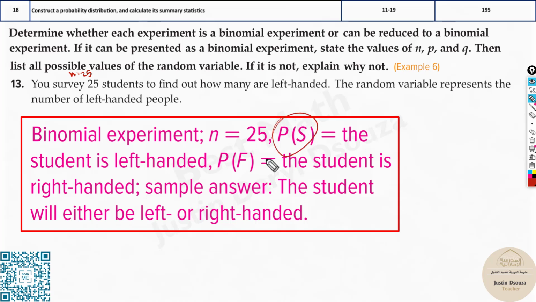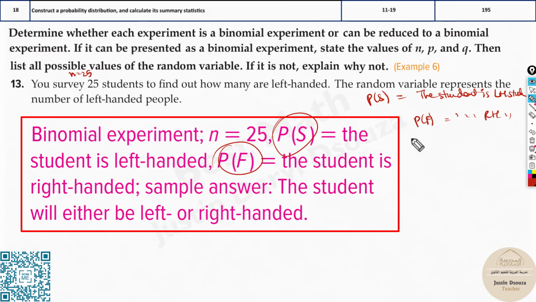Now, probability of S is success and F is failure. What is the probability of success? Over here, what they want is how many are left-handed, and the random variable represents the number of left-handed students. So it'll be a success if the student is left-handed, okay? And the probability of failure would be the student is right-handed.